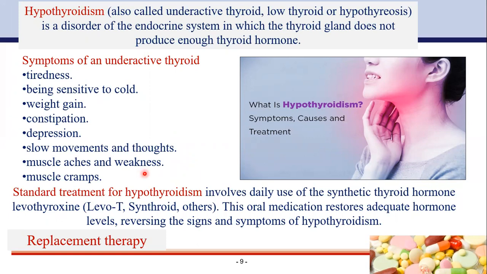Standard treatment of hypothyroidism involves daily use of the synthetic thyroid hormone levothyroxine, brand names Levo-T, Synthroid, and many other brand name medications.